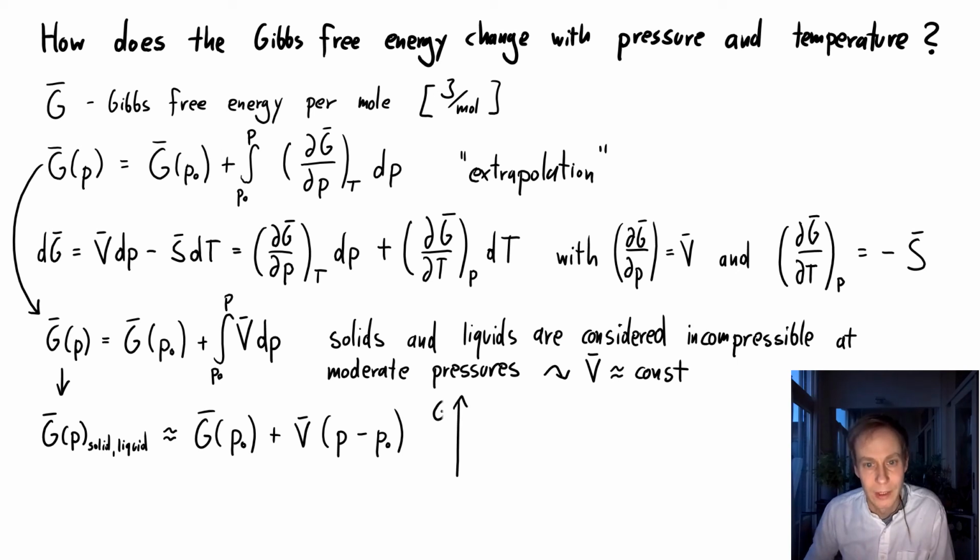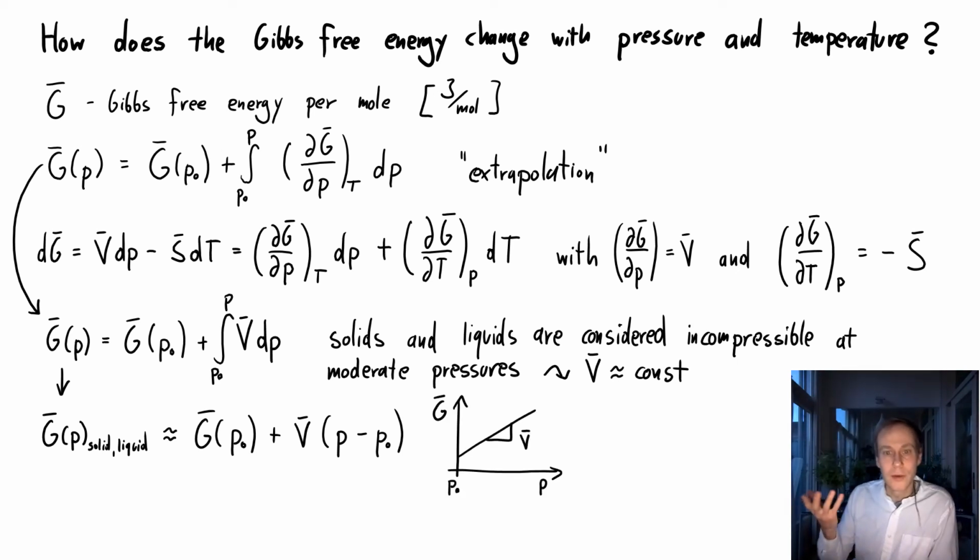Very simple. So what that means for solids and liquids, when I plot the Gibbs free energy as a function of the pressure, it's just a straight line because the slope of the dependency is just the molar volume, basically, right?